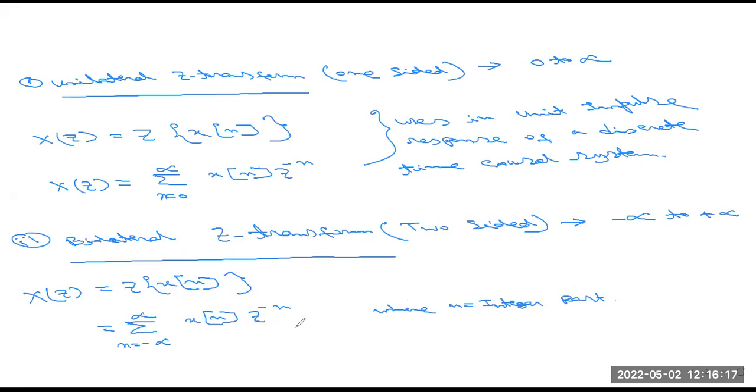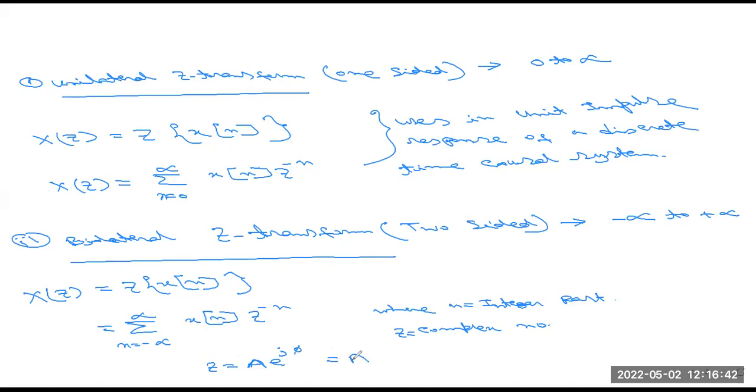So Z is basically a complex number. To express a complex number, we write Z equals A e to the power j phi.